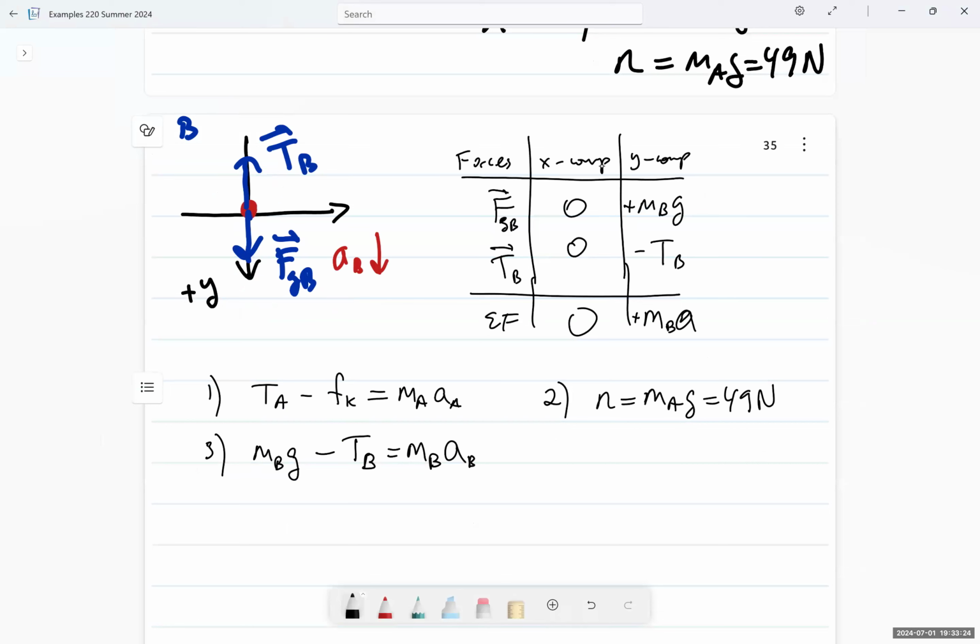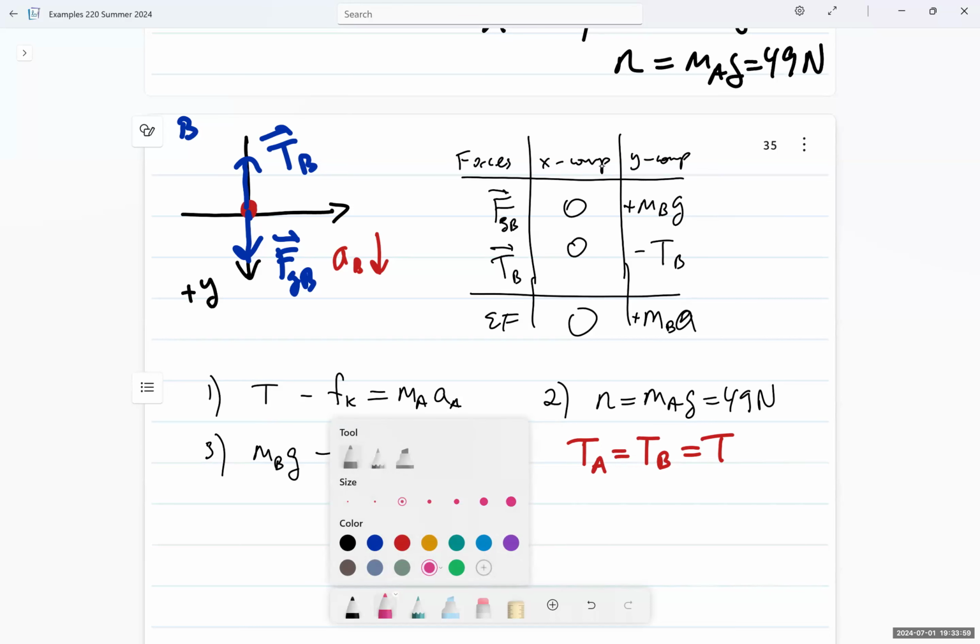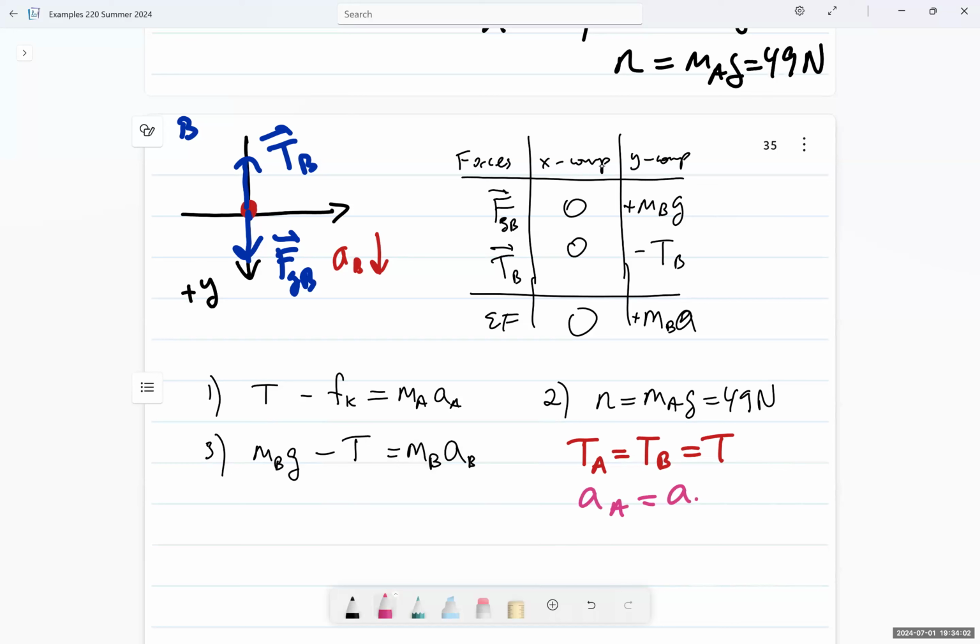Tension is unknown, acceleration is unknown, but what I know is something we can assume from the given information: tension of A is equal to tension of B. That means I can get rid of the subscripts A and B from equations 1 and 3, because tension is just T. In the same way, I know that acceleration of A is the same as acceleration of B, so I can just have the acceleration of the system and get rid of the subscript as well.